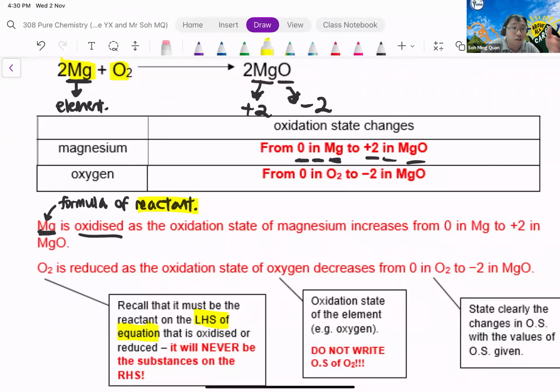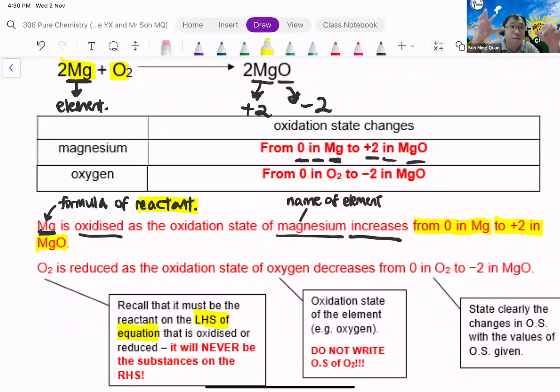So Mg is oxidized as the oxidation state of magnesium, this one is the name of the element. The element that you are counting for is magnesium now. The oxidation state of magnesium increases. Next part, very important: from 0 in Mg to +2 in MgO. You must write it like that.